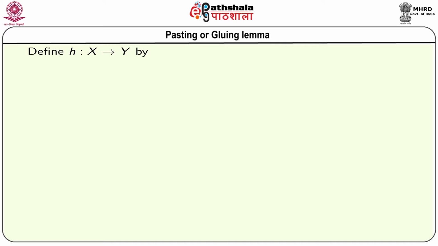Now, we prove this theorem. We define a function h from X to Y by this: whenever x is taken from the set A, h x is equal to f x, and whenever x is taken from B, h x is equal to g x.